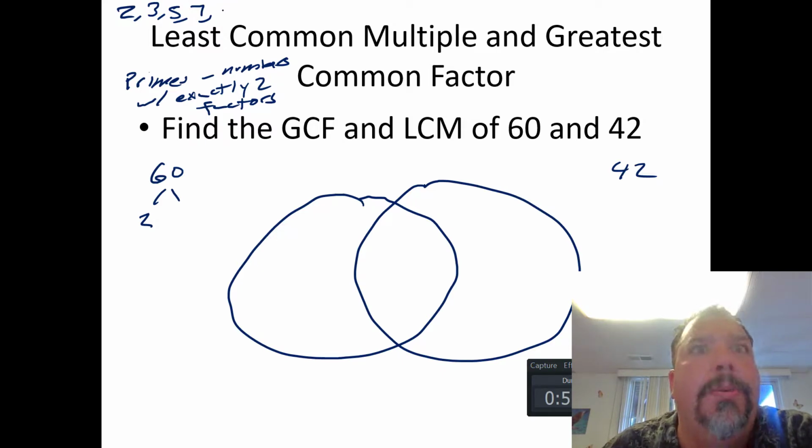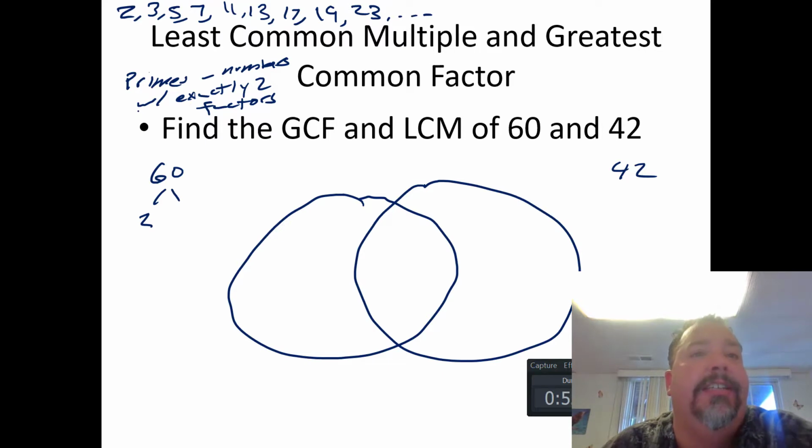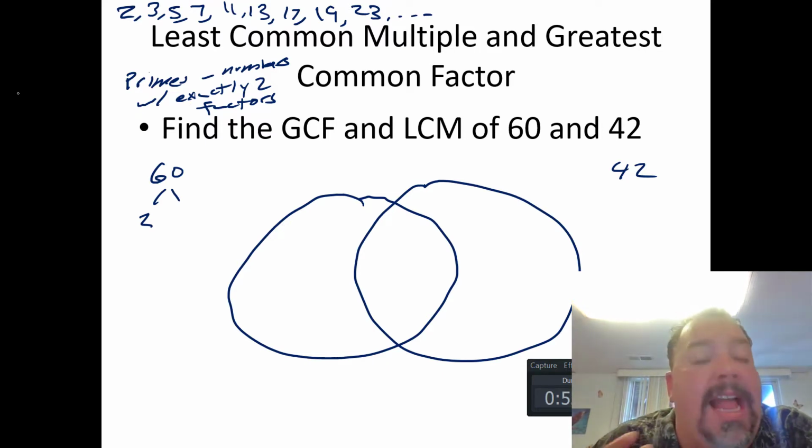Then 11 would be next, 13, then we go up to 17, 18's not, 19 works, 21 is not, 23 I think does. The list of primes is infinite, and all the primes have only two building blocks, two factors: 1 and themselves.